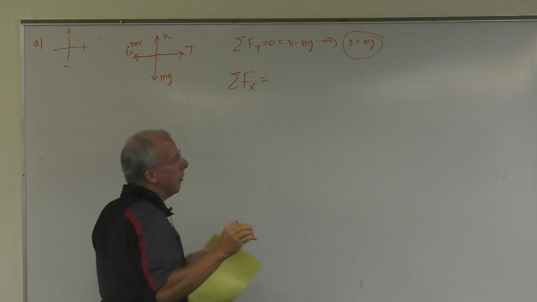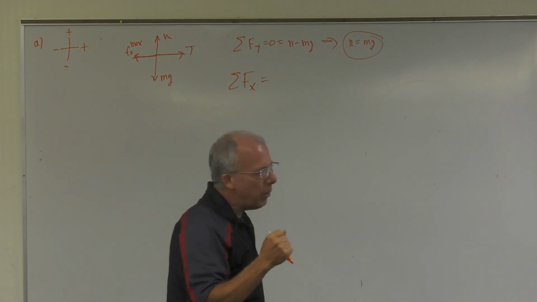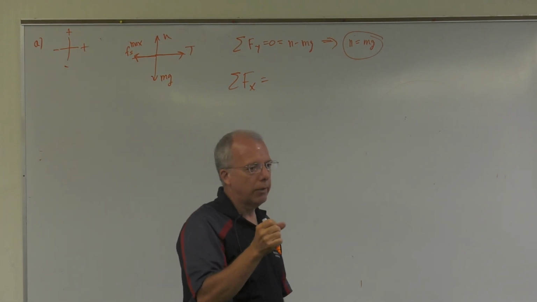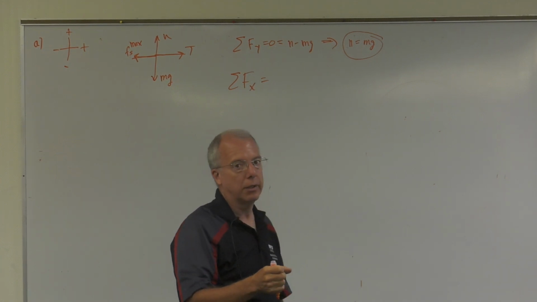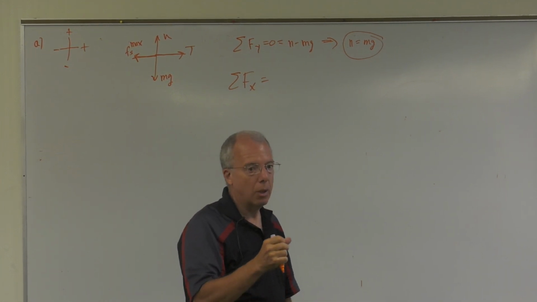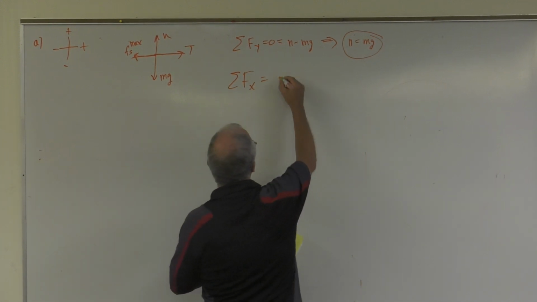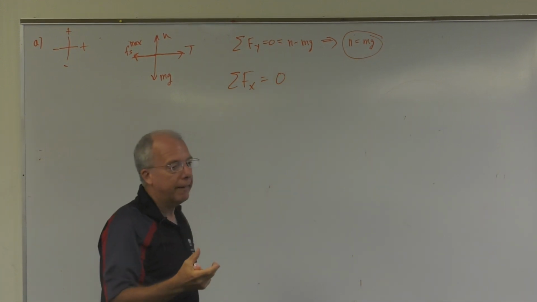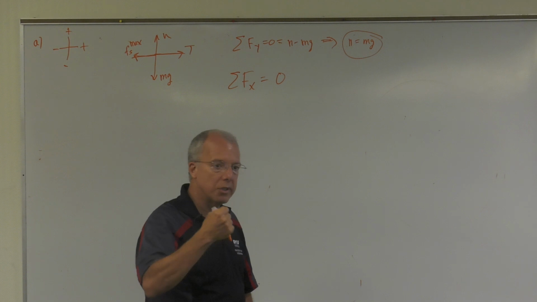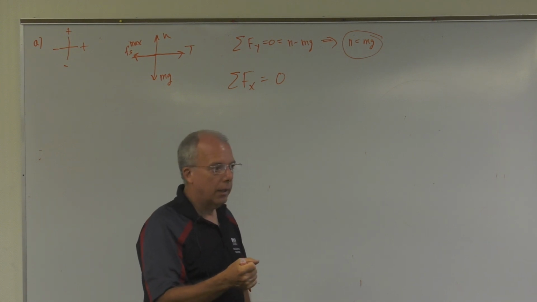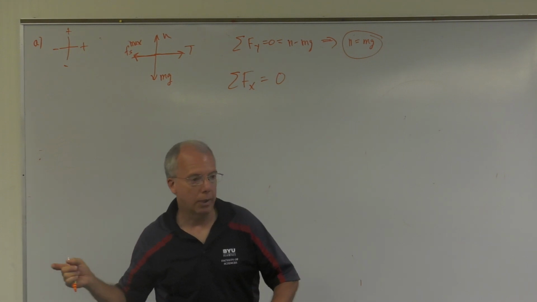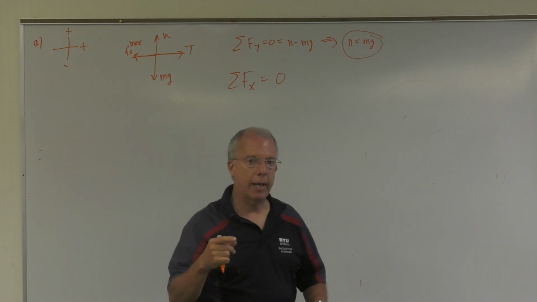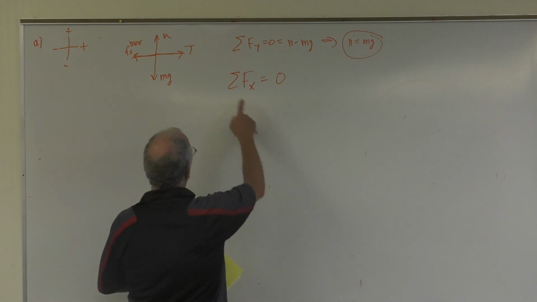All right, so what we want to do is solve for the minimum string tension, right? And so we're going to set this equal to 0, with Fs max. And then, in order to get it moving, the tension has to be greater than the tension we're going to solve for.